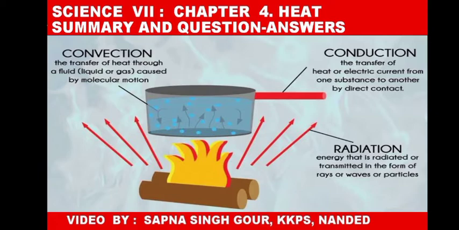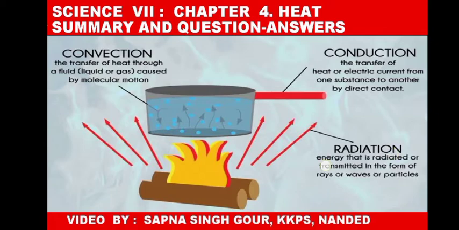It means the process of transfer of heat in which no medium is required is known as radiation. Heat energy from the sun comes to us though there is a vacuum. Vacuum means no medium between the sun and the earth over a large distance.